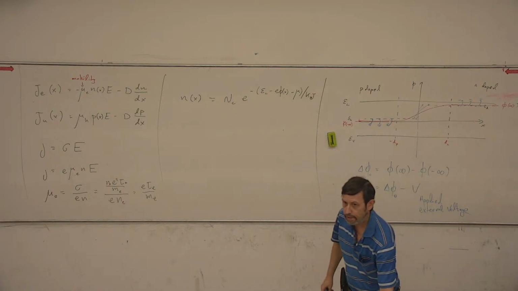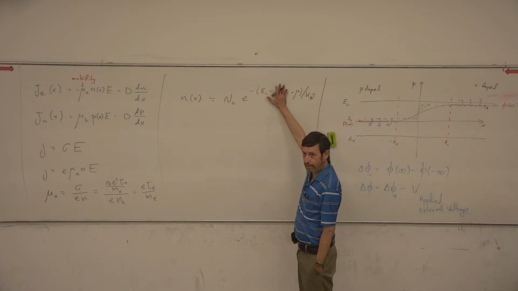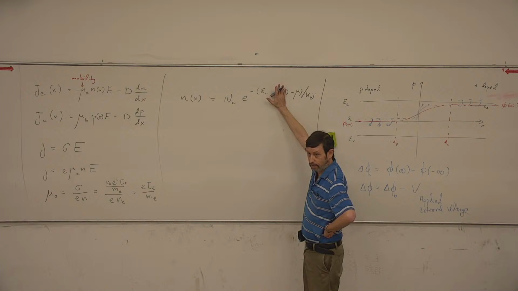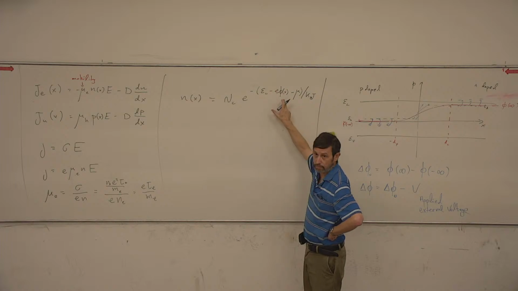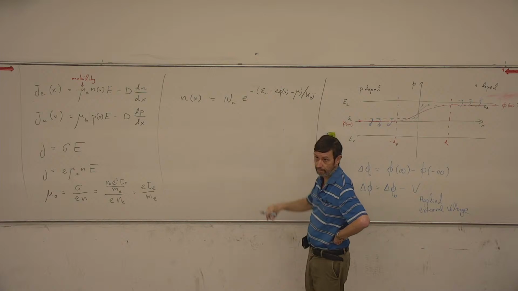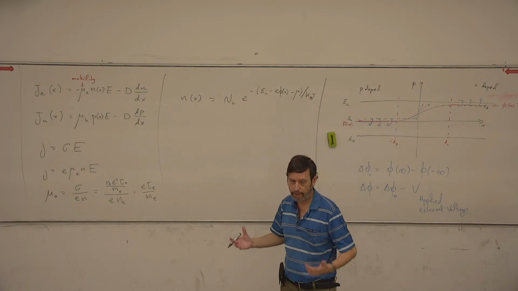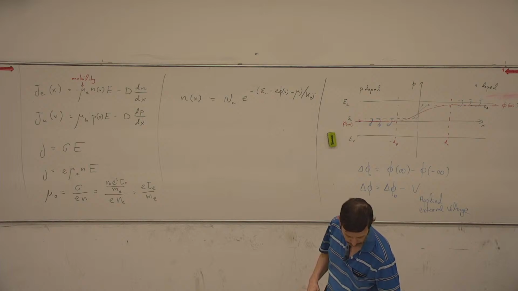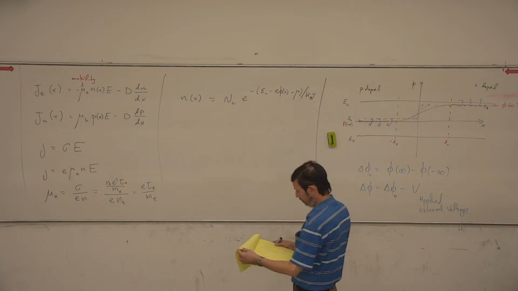So if I remove this part, the good old description that we have given 2 or 3 lectures ago, the only thing I'm adding here is phi. This is the behavior under equilibrium conditions.